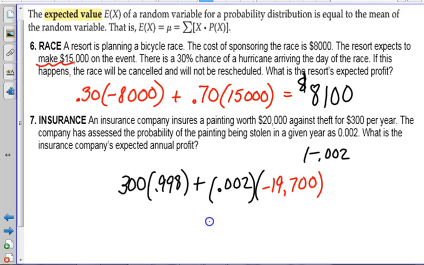I got $260. Did anybody? Okay. So expected annual profit of $260. Okay. So if we insured this painting for 100 years at this price, we would expect to make $260 a year roughly on average. Okay.